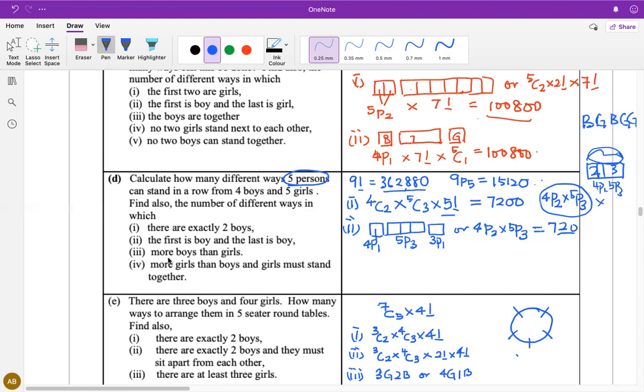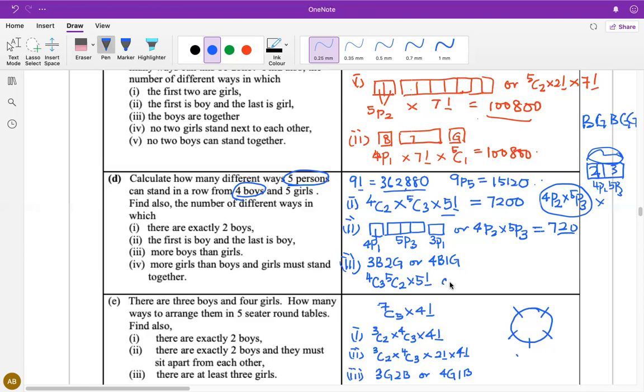Okay, if more boys than girls, the boys more than the girls, that means if only 5, there are only 4 boys, right? So that means it's 3 boys, 2 girls, or 4 boys, 1 girl. So here we have to choose 4 choose 3 boys, and then 5 choose 2 girls, and then 5 factorial.